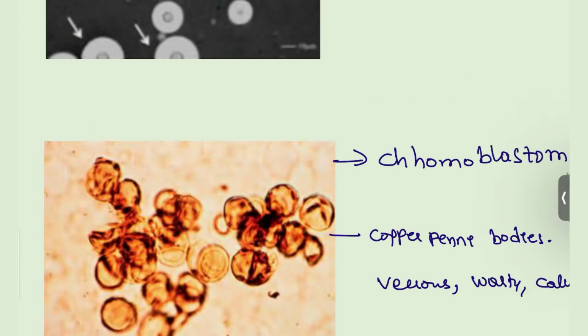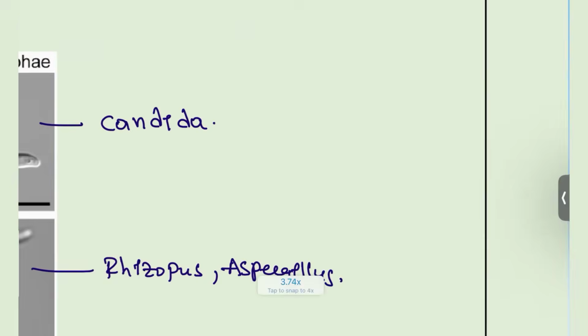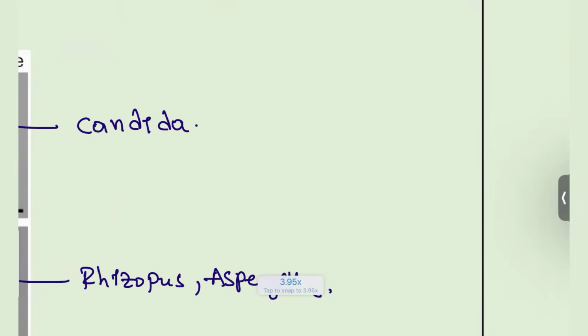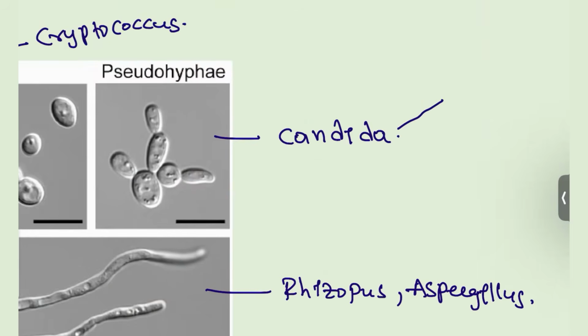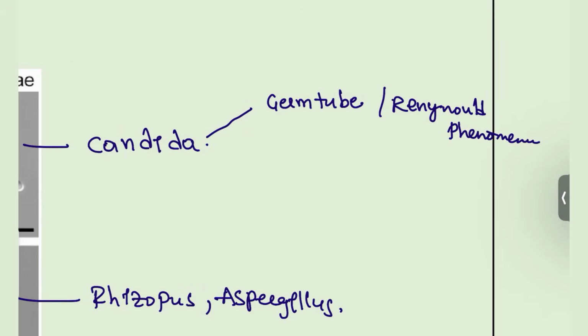Cauliflower appearance of the lesions is seen in chromoblastomycosis. Next, for Candida, you have to take note of some important points. Candida will show pseudohyphae as we discussed, and when you check this in the germ tube or the Reynolds-Braude phenomenon, Candida will also be positive.